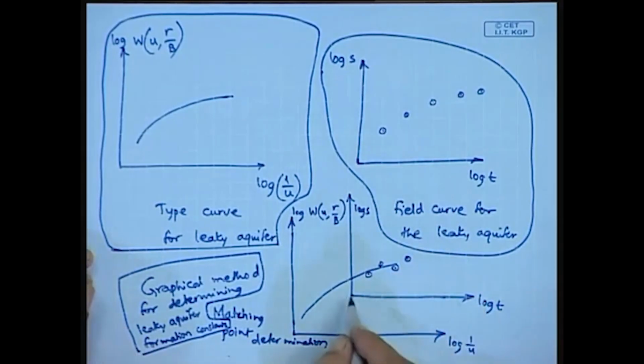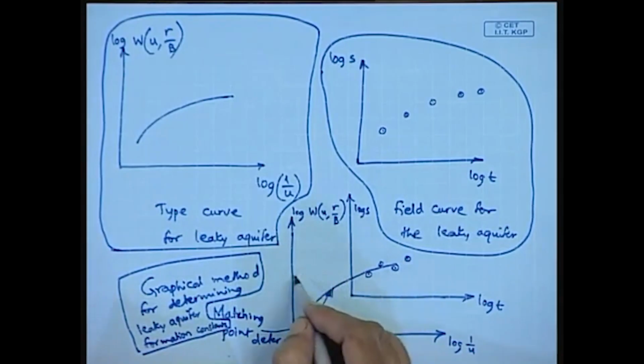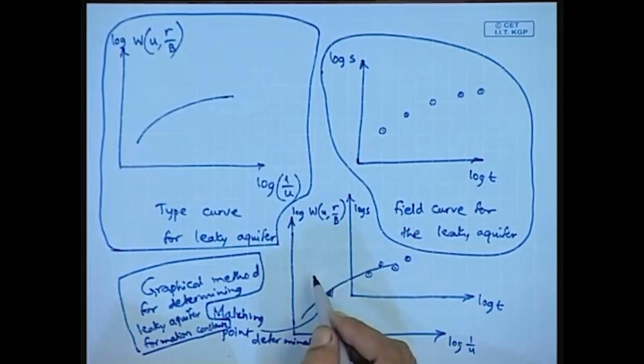In this case, this is the matching point. Once we do that, using any point we can determine the leaky aquifer formation constants such as the transmissivity and storativity.